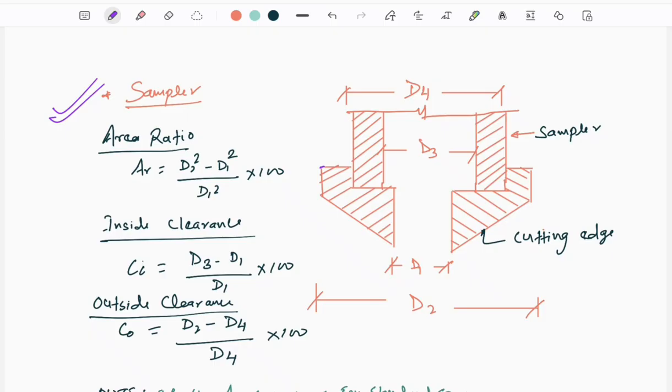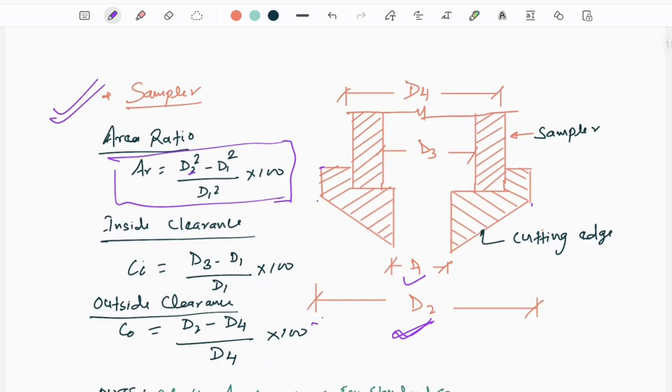Okay. So what is area ratio? Area ratio is nothing but (d2 square minus d1 square) divided by d1 square, and it is in percentage, so multiplied by 100. So what are d2 and d1? You see here, outer to outer, this diameter is d2, and inner to inner the diameter is d1.